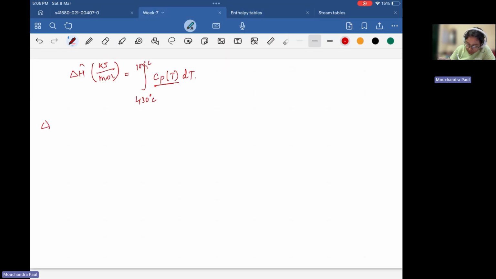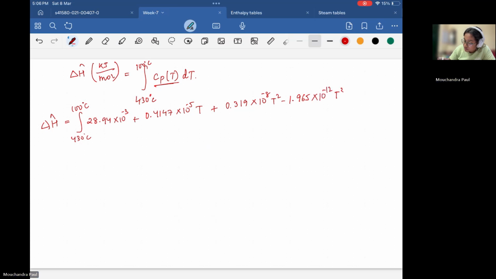And so after we do that, the integration will be performed. So Cp is 28.94 times 10 to the power minus 3 plus 0.4147 times 10 to the power minus 5 T plus 0.319 times 10 to the power minus 8 T square minus 1.965 times 10 to the power minus 12 T cube.